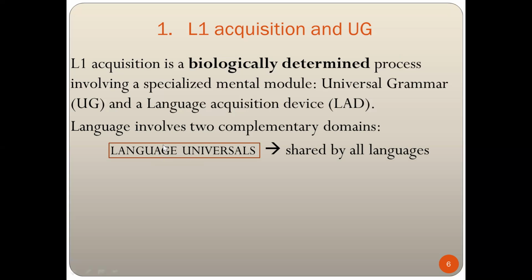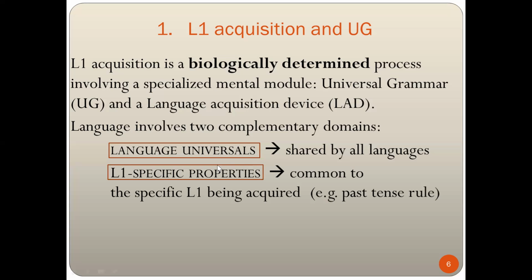These are, as I said, very fundamental grammatical principles that are shared by all human languages, which is why we call them universals. But in addition, every human language also has a set of grammatical properties which are specific to that particular language.